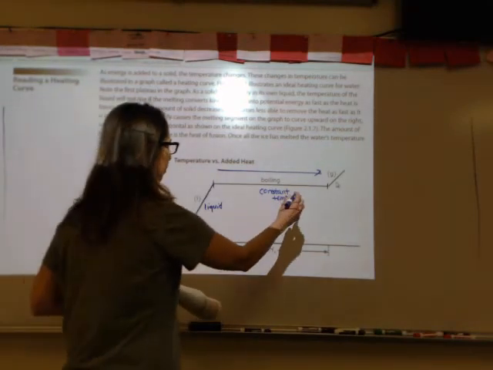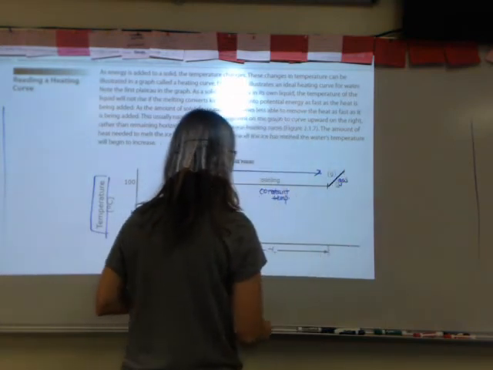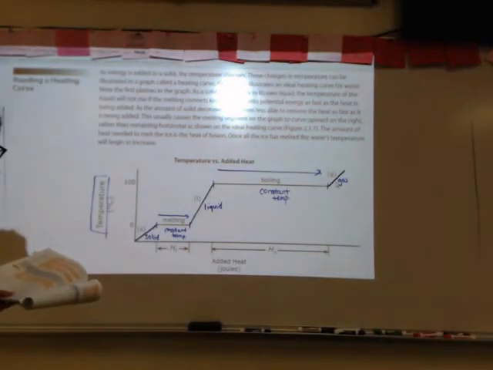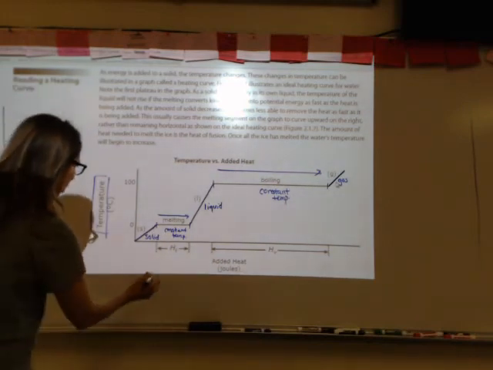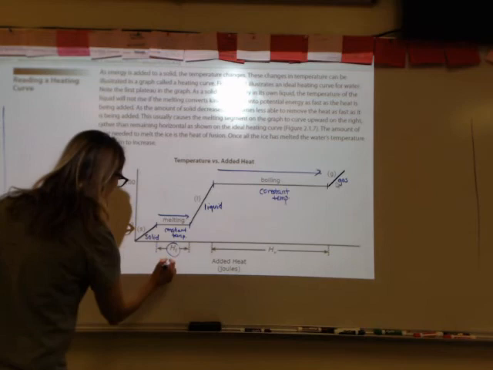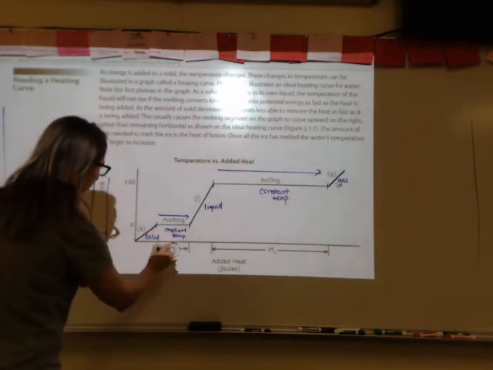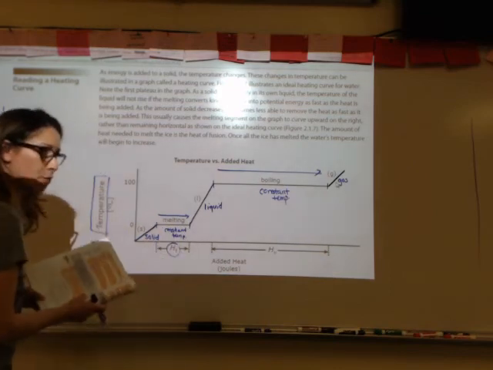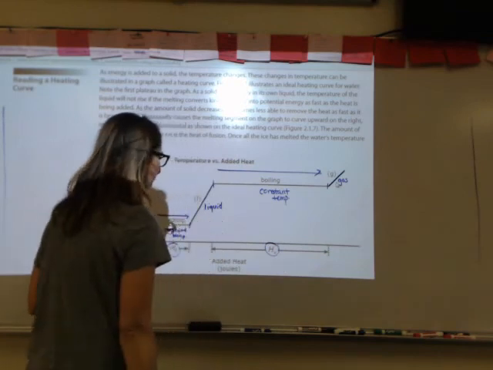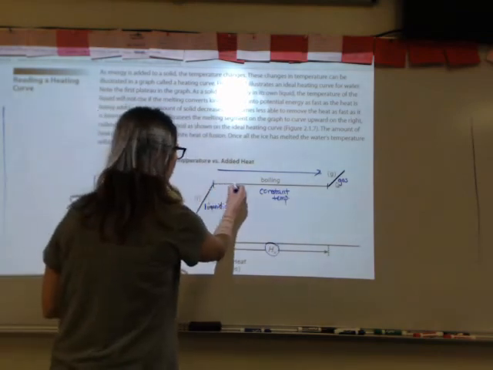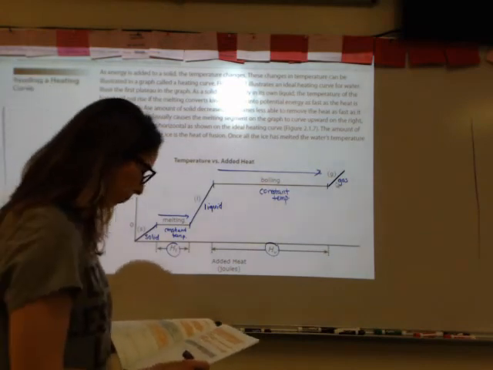Now, over here, this is where you have your gas, and this is where the temperature is increasing as well, okay? So, if I'm talking about the heat of fusion and the heat of vaporization, you will notice down here, HF, representing the heat of fusion that is associated with this portion of the graph where you have the horizontal portion for melting. And then over here, you have HV representing the heat of vaporization over this horizontal part of the graph where it is boiling, okay?